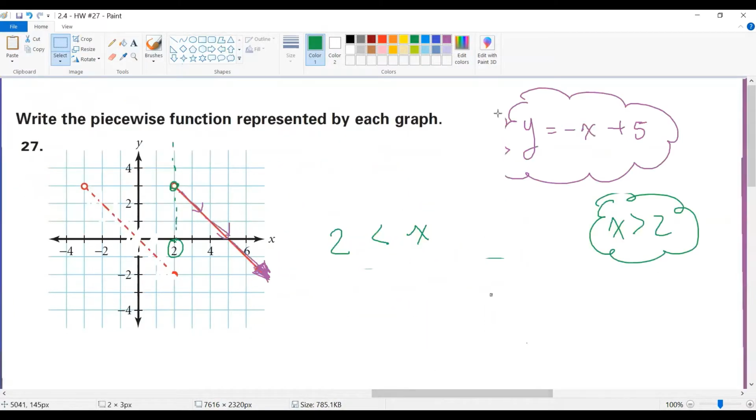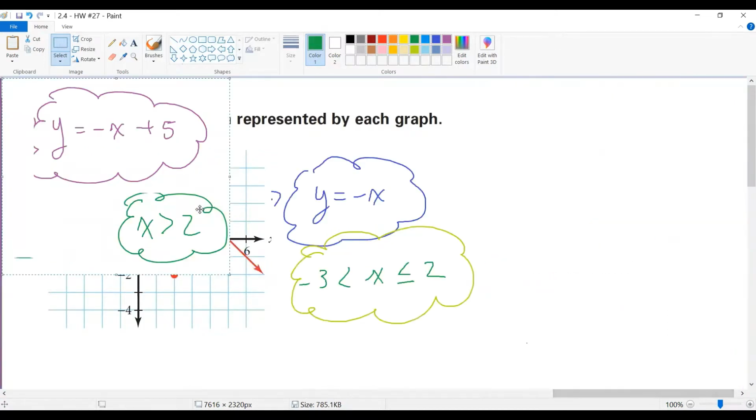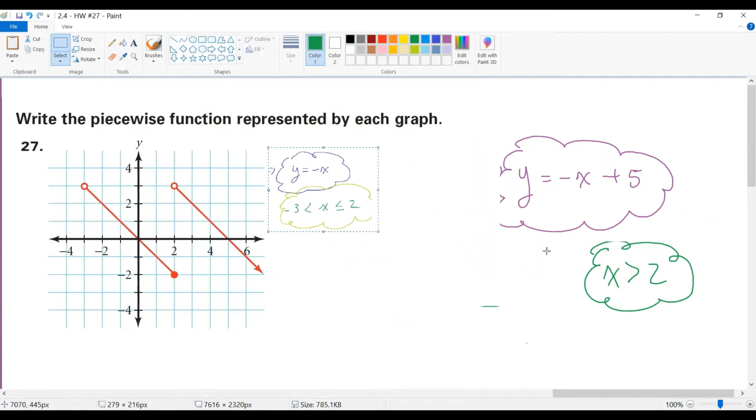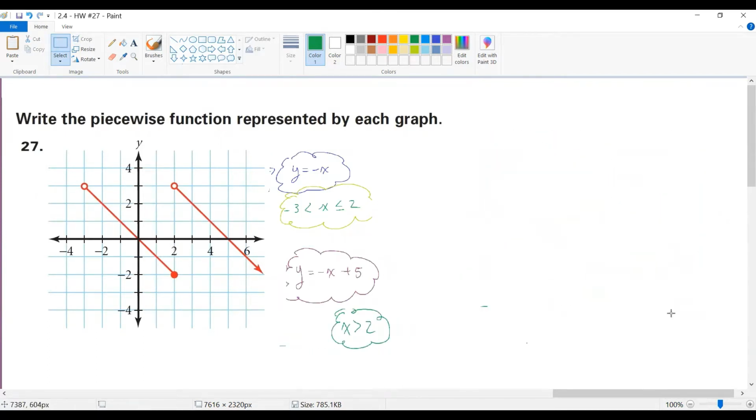Then we go to the previous slide, grab our second equation, and paste it here. This is good news. Now that we have our two equations, we're going to write this as a single piecewise defined function.